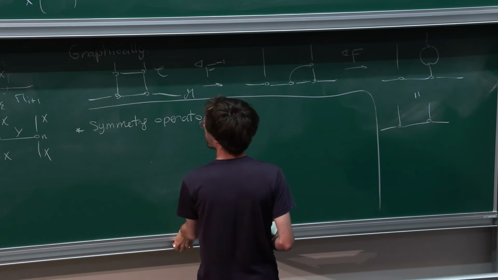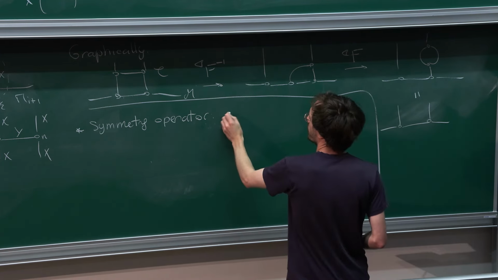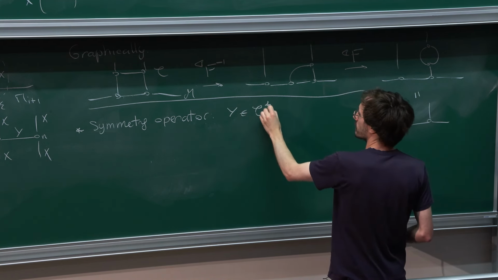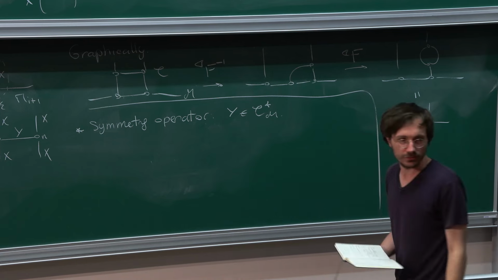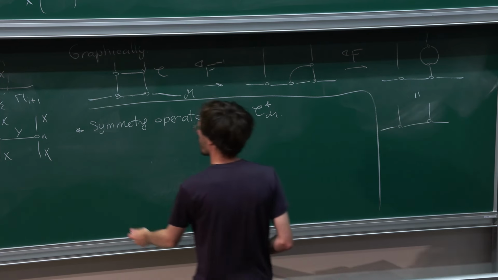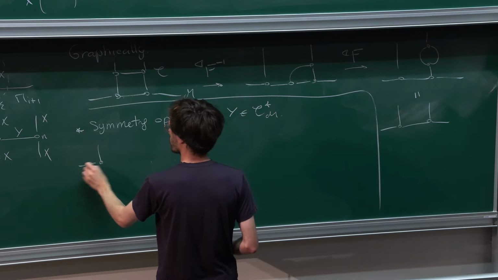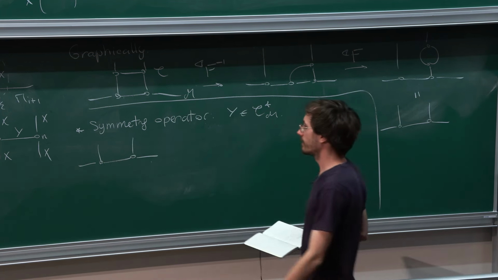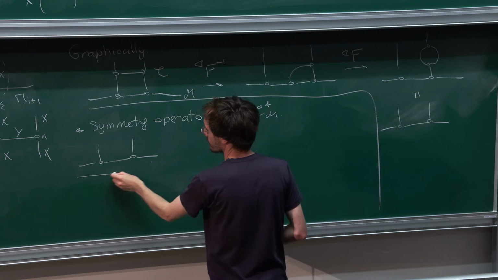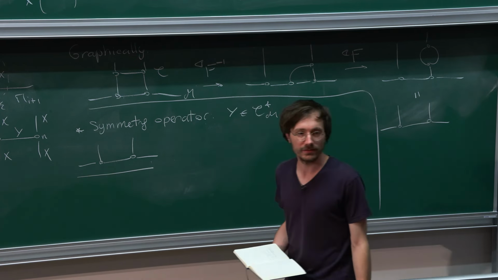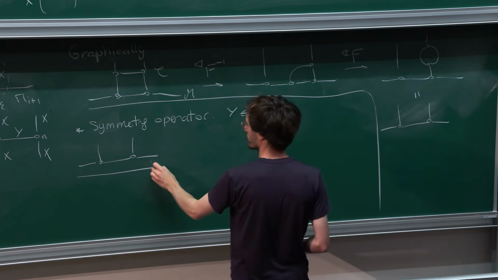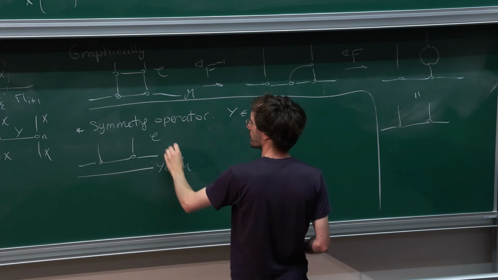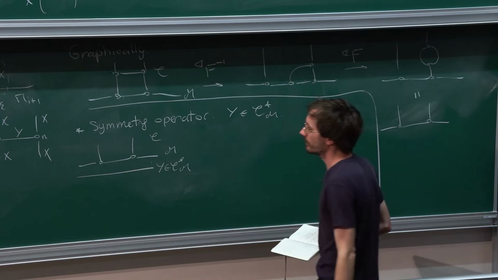So the symmetry operators are going to be given by lines in this so-called Morita dual with respect to M. And the way they act on the system is from the bottom, actually. So it's literally a topological line, labeled by Y. So this is in the Morita dual. Here it's in C, here it's in M.